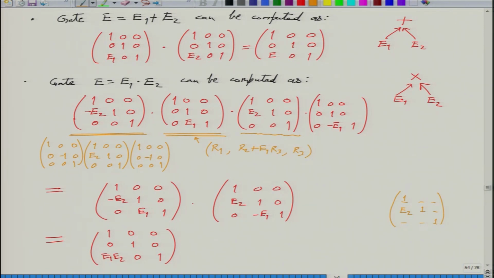That is the hardness. This product case is actually harder than the addition case, because it's very hard to get multiplication only in one entry of the matrix. The other entries remain untouched.